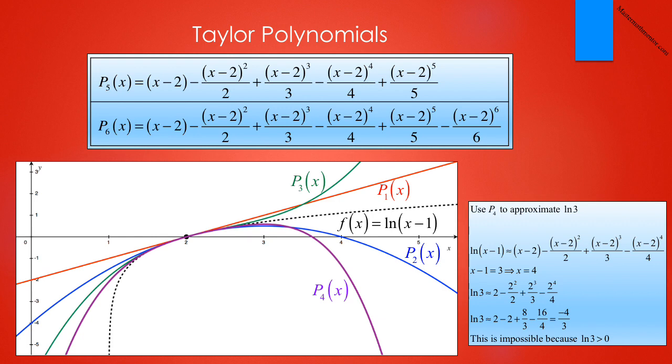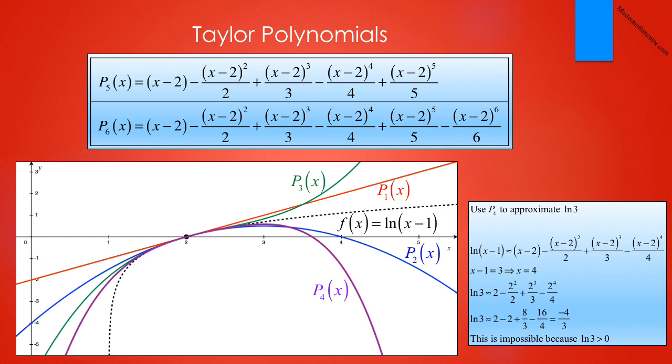We want our x minus 1 to take on the value of 3, and therefore x is equal to 4. Therefore, the natural log of 3 is approximately equal to 2 minus 2 squared over 2 plus 2 cubed over 3 minus 2 to the fourth over 4.